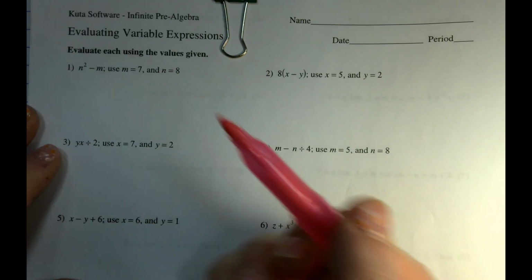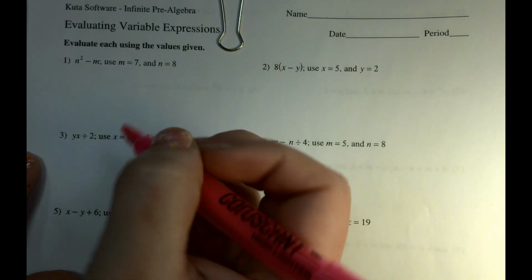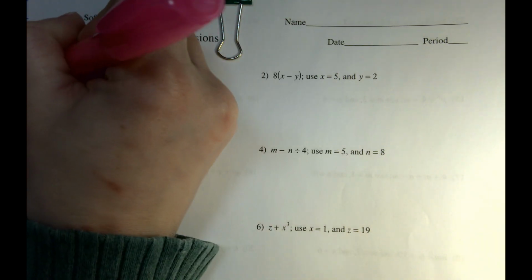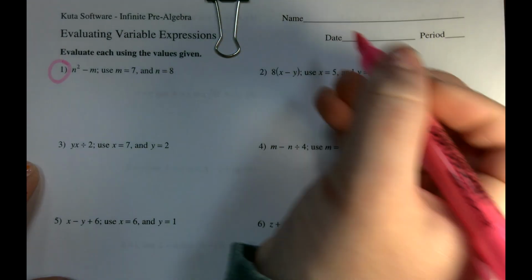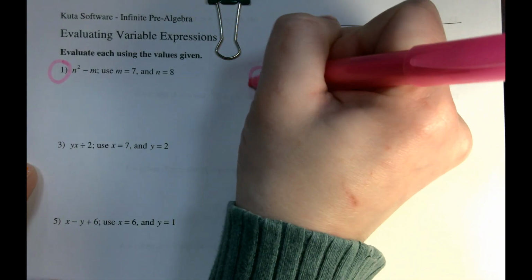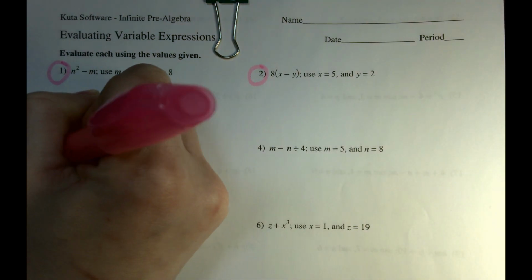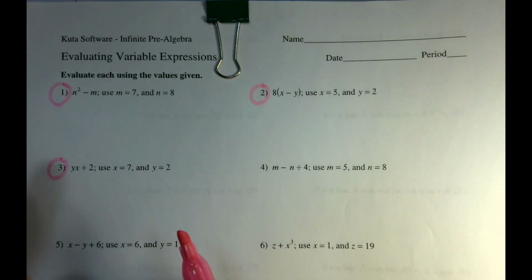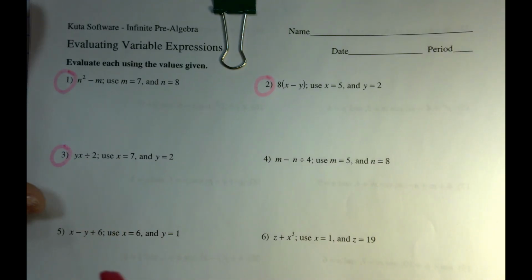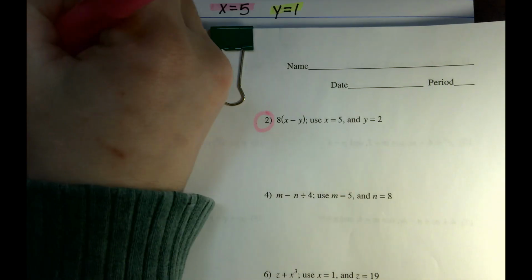When I pass this worksheet out, your exit ticket today is number 1, number 2, and number 3. So 1, 2, and 3 is going to be the day 9 exit ticket.